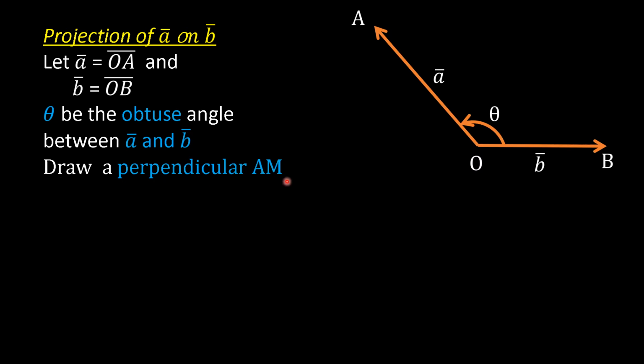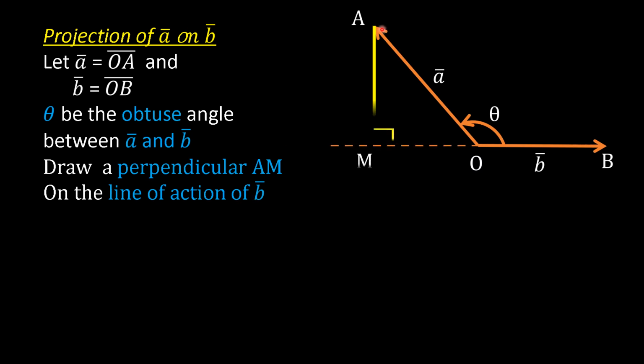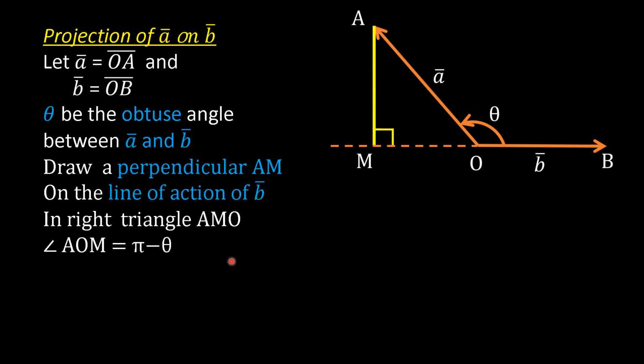Draw a perpendicular AM on the line of action of B bar. In right triangle AMO, angle AOM equals pi minus theta. By simple trigonometry, OM will be OA cos(pi minus theta).